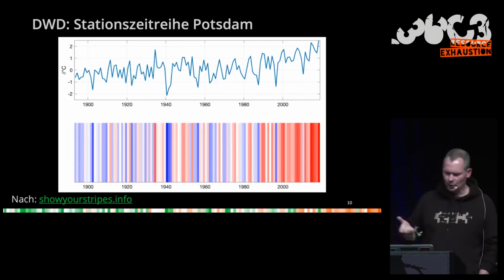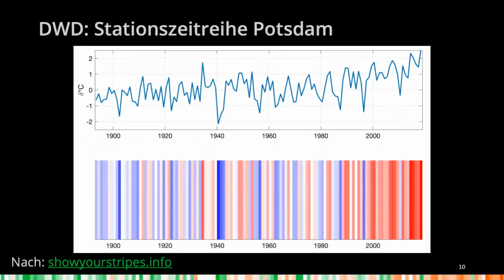Then you have the upper time series, the average plus minus 2 to 2.5 degrees, and the color scale is limited to plus minus 2.5 degrees. So in the lower values you get deep blue, and in the upper values you get red.